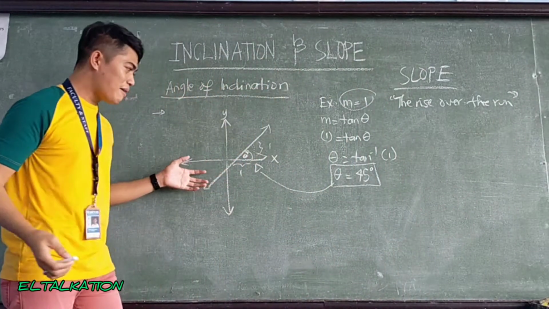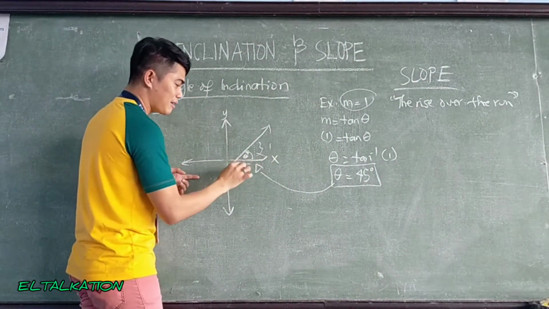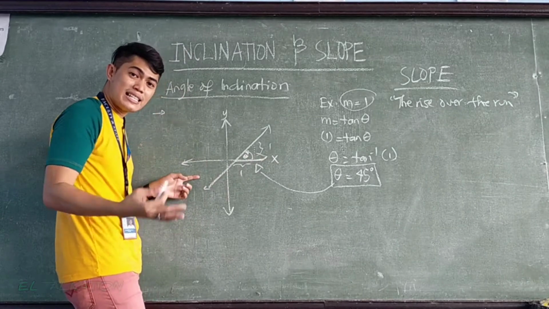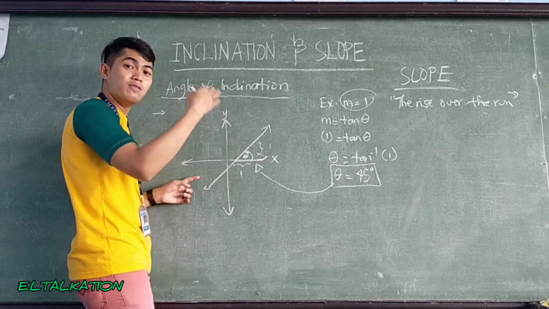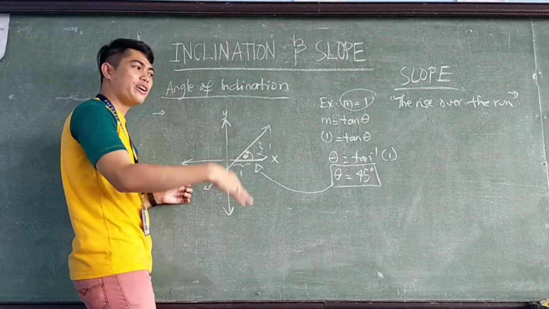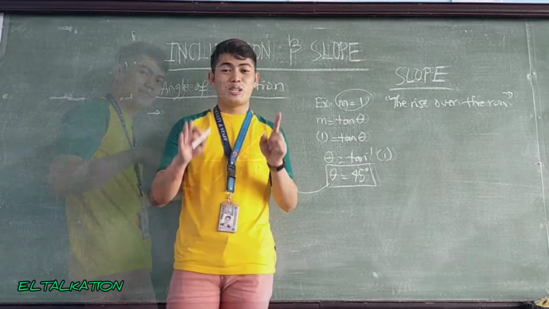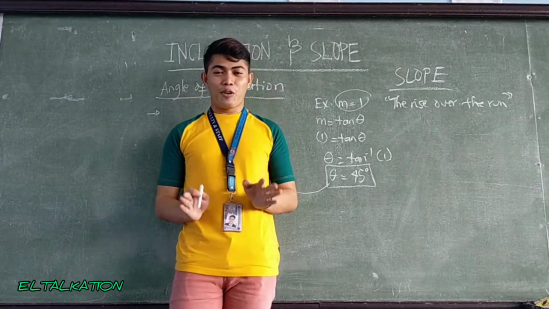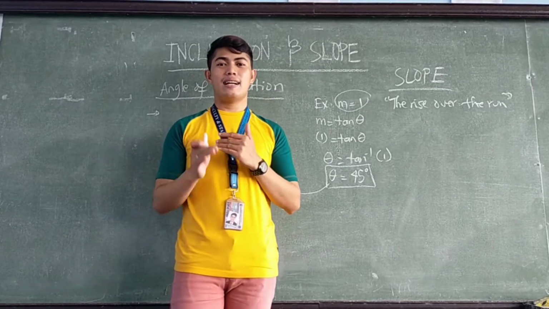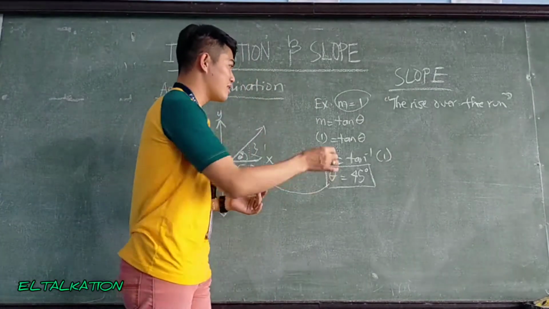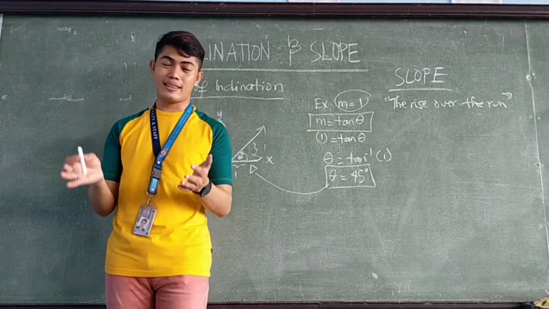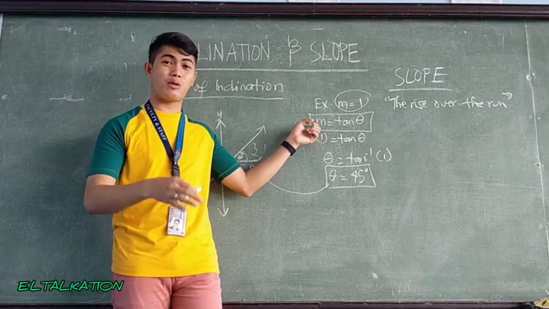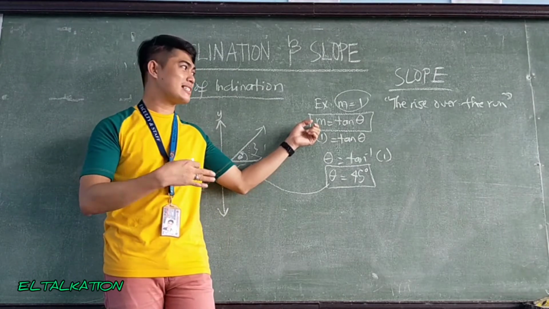So given this example, rise, ibig sabihin siya yung mga nasa x-axis. Pag sinabi naman run, in terms of vertical line or the y-axis. So take note that the formula in getting the angle of inclination is this one: m is equal to tangent theta, wherein m is also called the slope. So bakit sila equal?